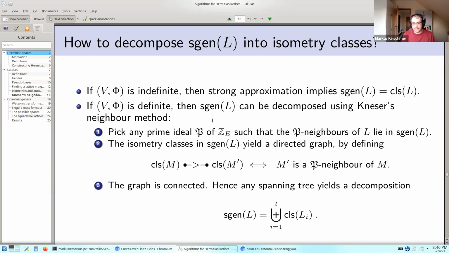That's fairly easy. So that's why I was cheating a little bit, because later on I was only discussing the maximal orders, but the other orders can be solved along the same lines by first solving the problems for the maximal orders and then descending down. That was all I wanted to say.